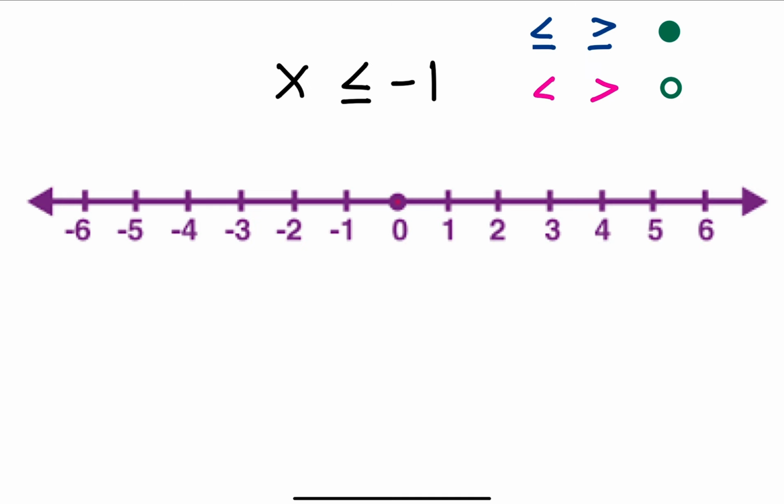Since our answer is less than or equal to negative 1, we are going to use a closed circle. The values of x are those less than negative 1, so we are going to shade from negative 1 to the left. Okay? So that is the graph on the number line.